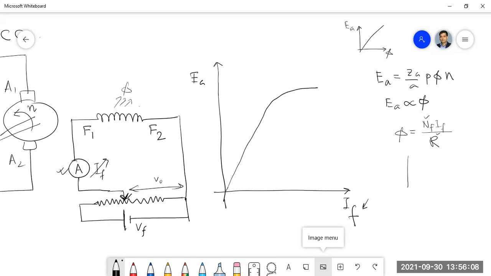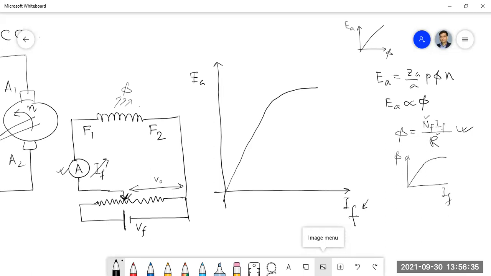Phi versus I, that is also a straight line. But is it so? No, sir. Before the saturation, it follows the linear path. Then what varies in this expression? Reluctance, sir. So reluctance varies.